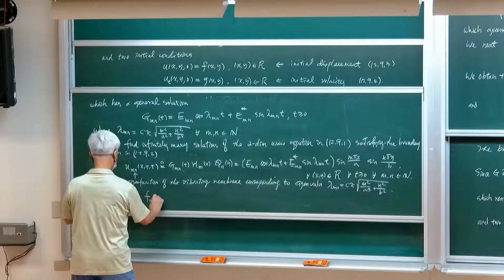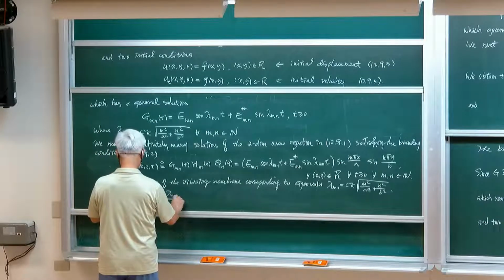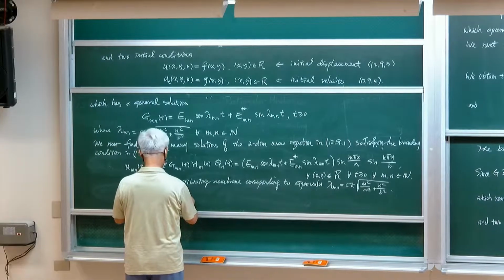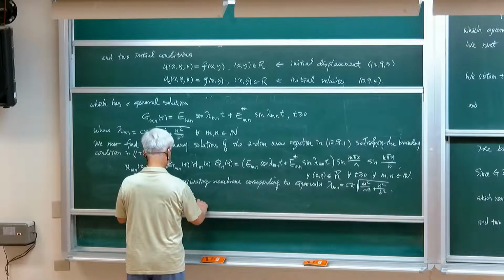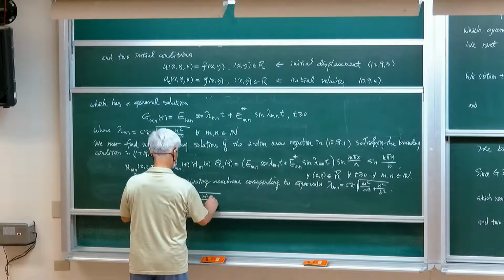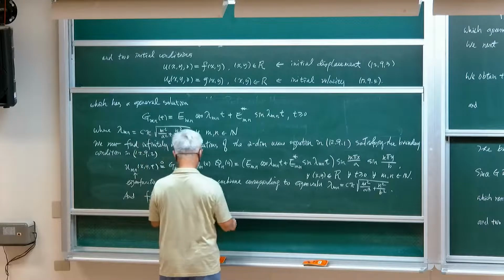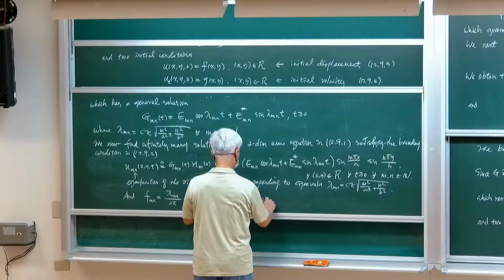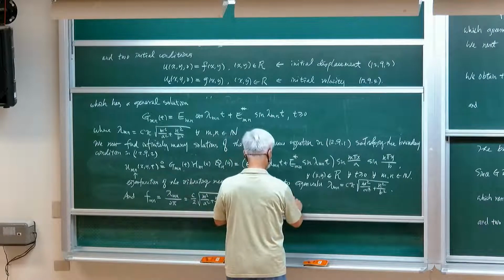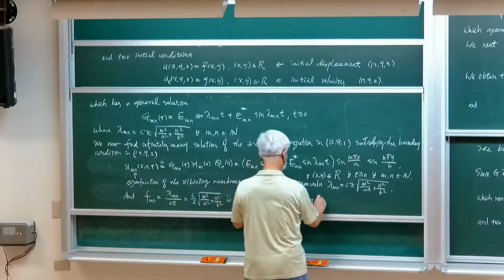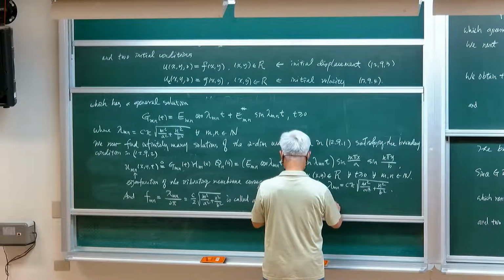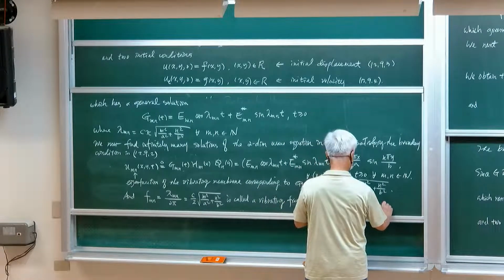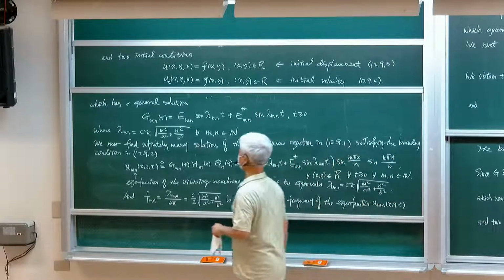The eigenvalue divided by 2 pi, f_mn, is called the vibrating frequency of the eigenfunction u_mn(x, y, t).